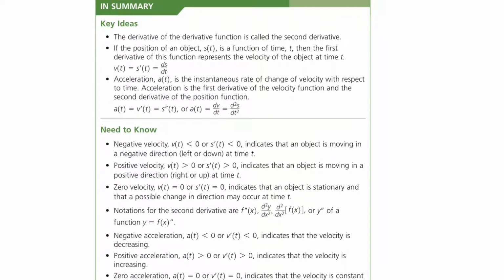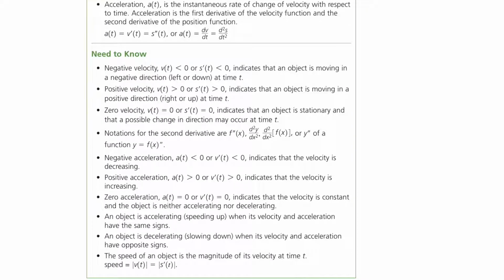In summary, the derivative of a derivative is called the second derivative. The derivative of the second derivative is called the third derivative. Velocity is the derivative of position, ds/dt, and acceleration is the derivative of velocity, which is the second derivative.